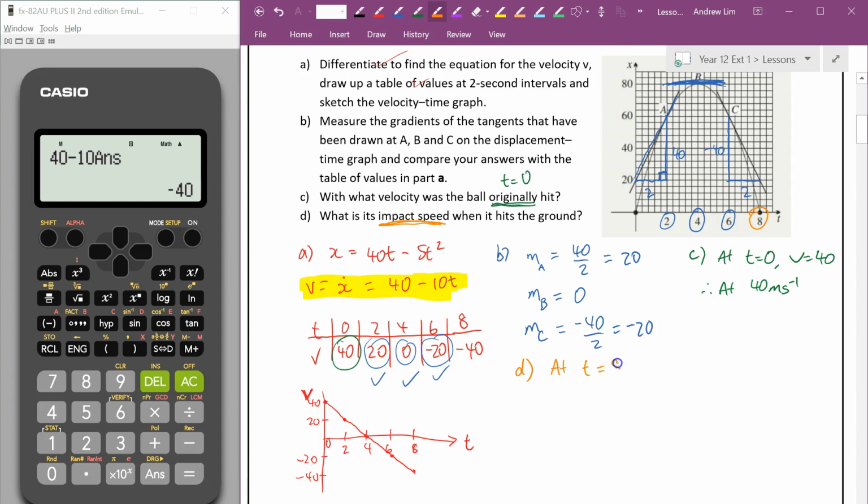So at t equals 8, we can see that the velocity is negative 40 meters per second. And because the question is asking for speed, and we know speed is the magnitude of velocity, therefore impact speed is positive 40, right? Because we can't have a negative speed. 40 meters per second.